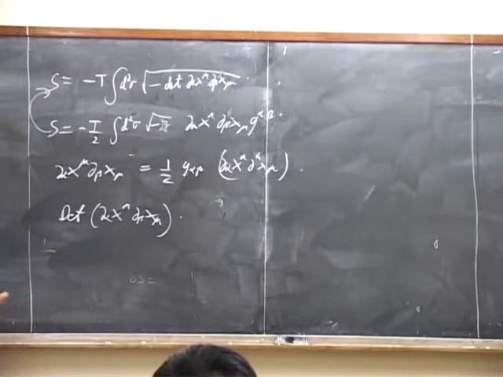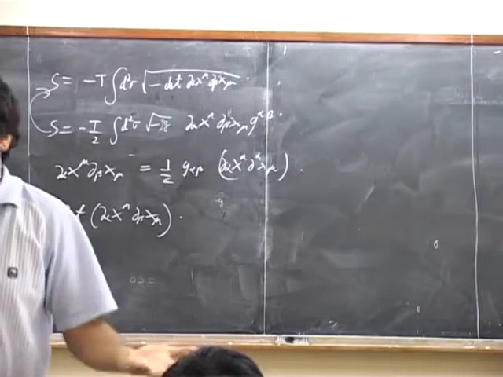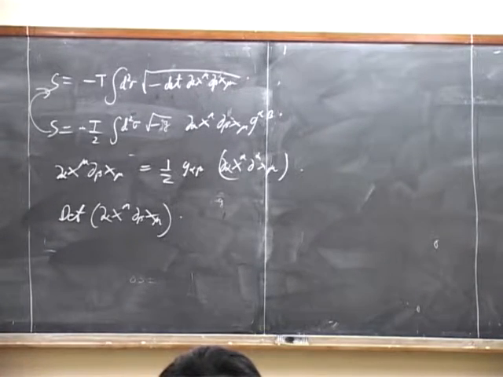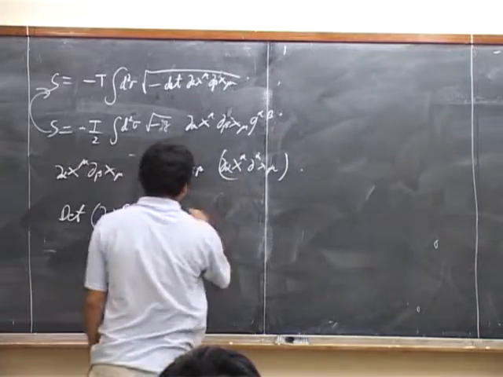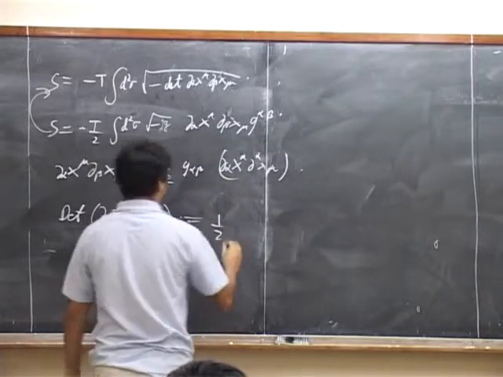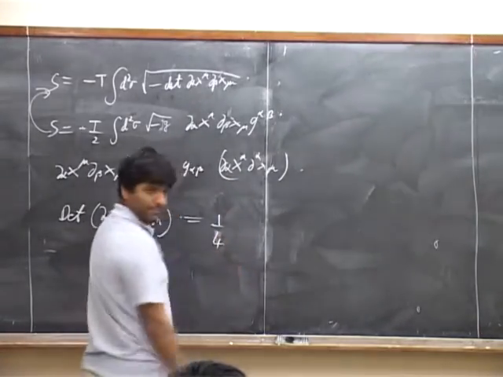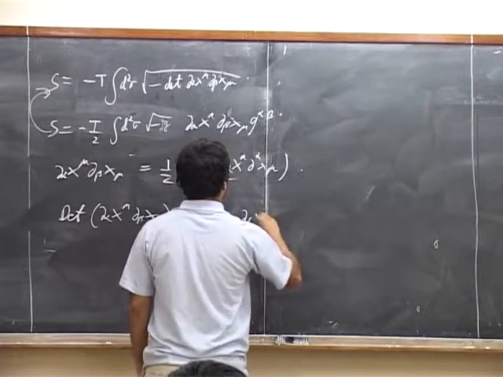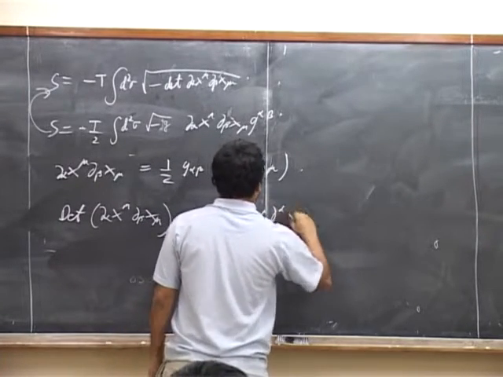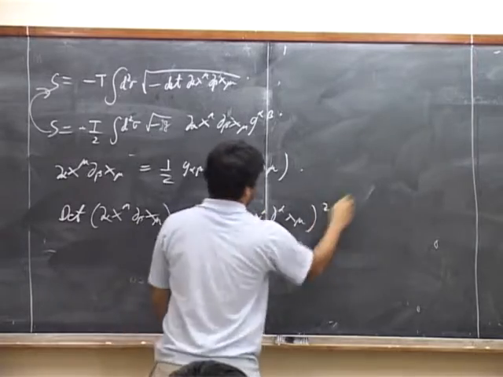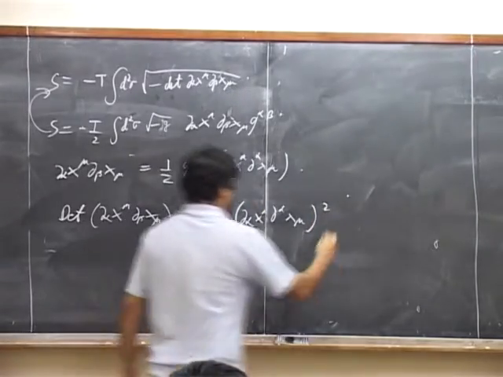It's a 2 by 2 matrix, so the determinant is multiplied by the constant squared. So we get half squared, that's 1/4, times del alpha x mu del alpha x mu in parentheses squared, times det of G.